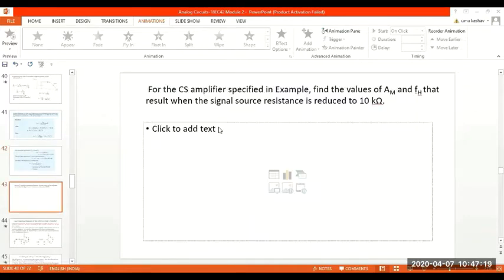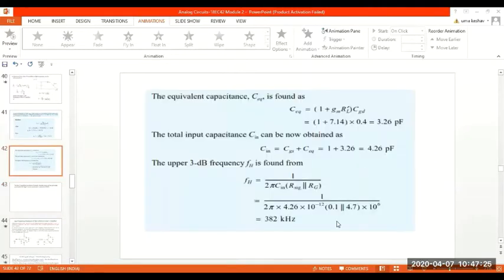Similar to this problem, I told you there is another problem. If you change the source resistance to 10K instead of 100K here, the denominator here will reduce to 0.01 parallel with 4.7 mega. So this reduces by a factor of 10, and you can expect FH to increase by a factor of 10.